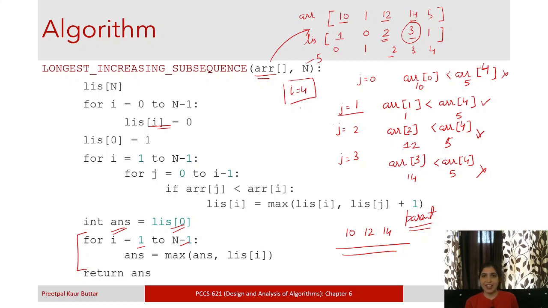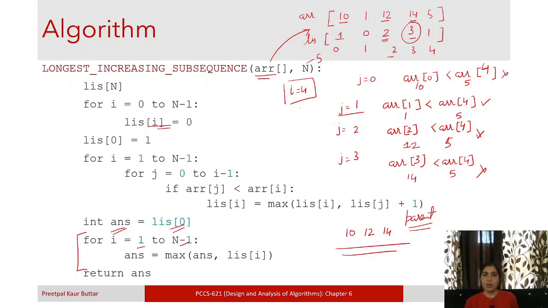Okay, so I leave this as an exercise for you, how to actually reconstruct the longest increasing subsequence. And the hint is recording the parent index or the ancestor index whenever the sequence length increases by 1.